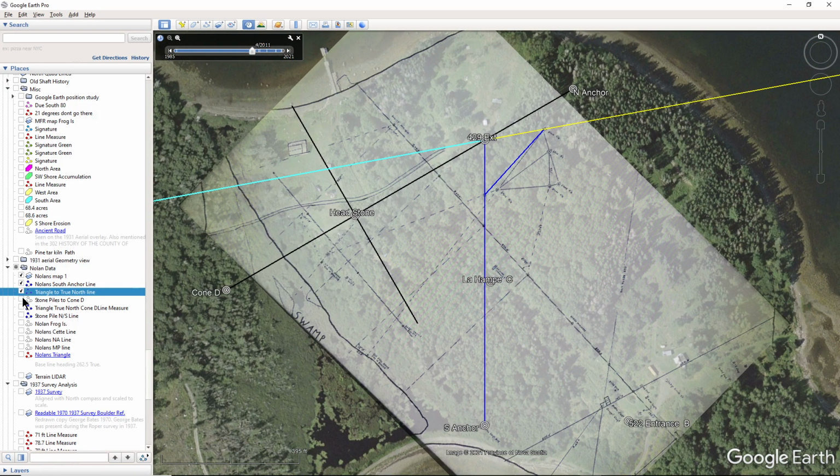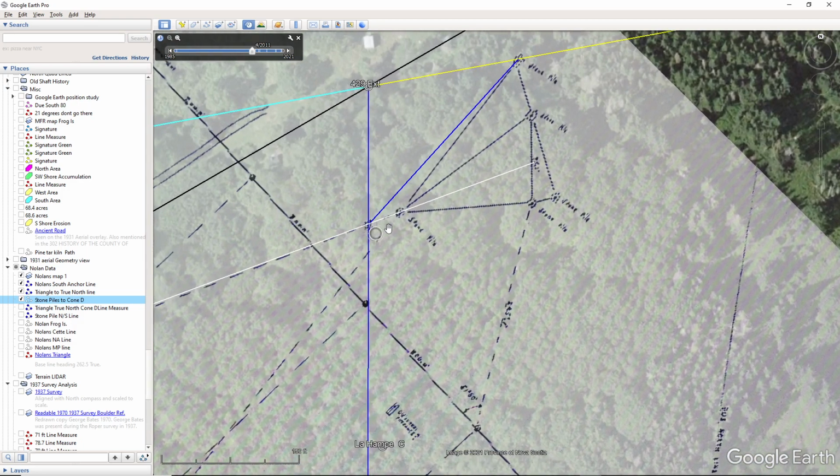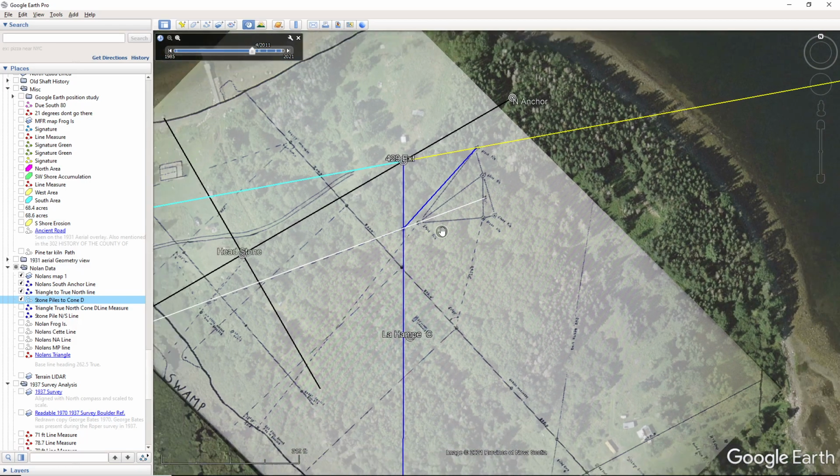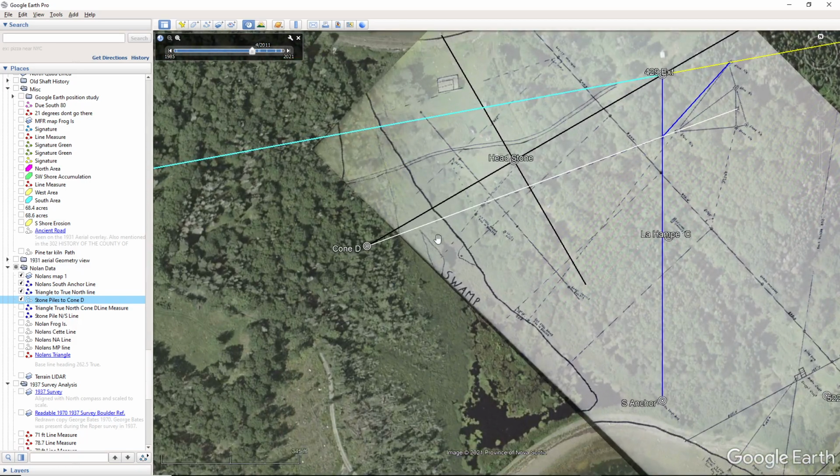So the next thing that is established with this array is from this stone through here. It goes through these two stones, and it connects with cone D. So now we have a triangulation developing that actually gives the axis, the Nolan's cross axis right here.